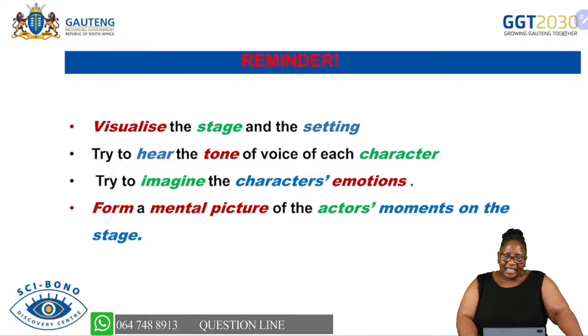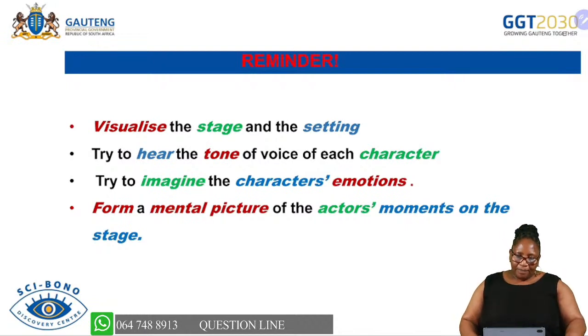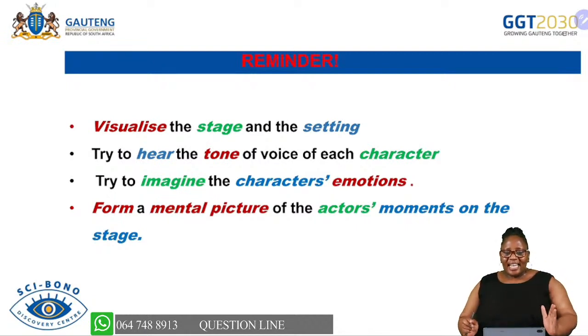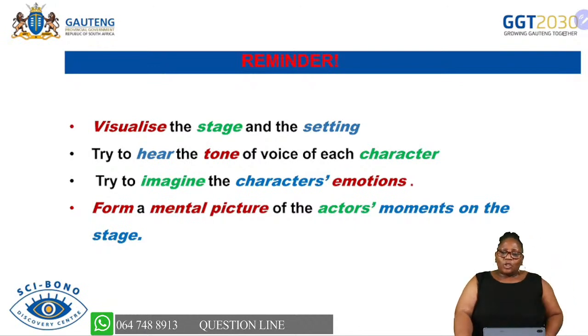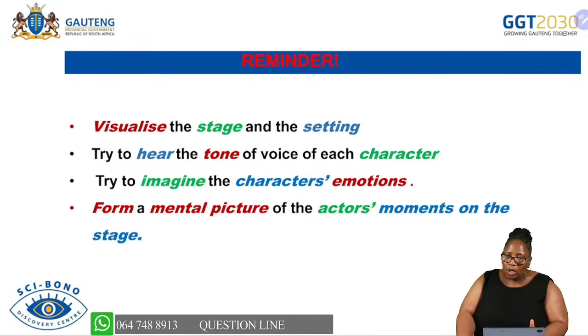Just a reminder to you, when you study drama, you need to visualize the stage and the setting. Try to hear the tone of voice of each character. Try to imagine the character's emotions.